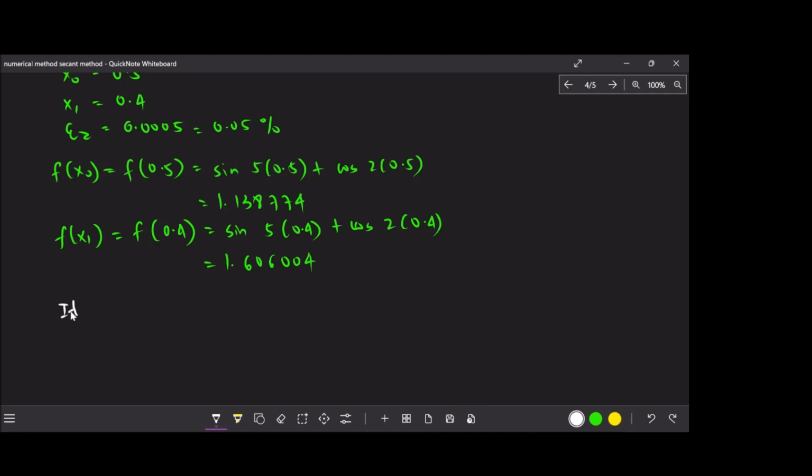Okay, so iteration 1. We have xr equals x1 minus f of x1 times x1 minus x0 over f of x1 minus f of x0.